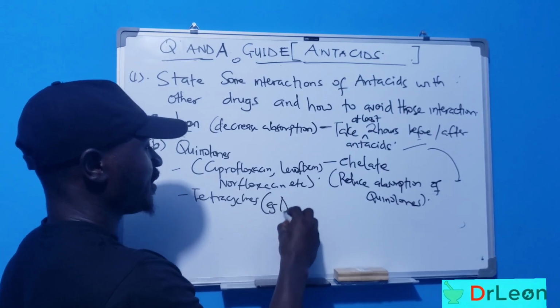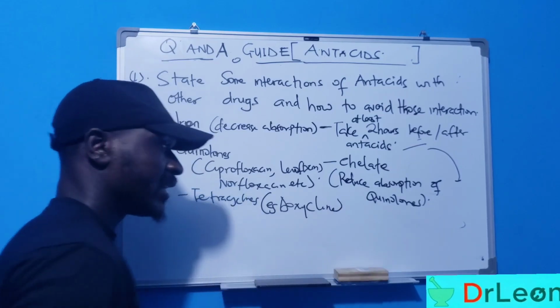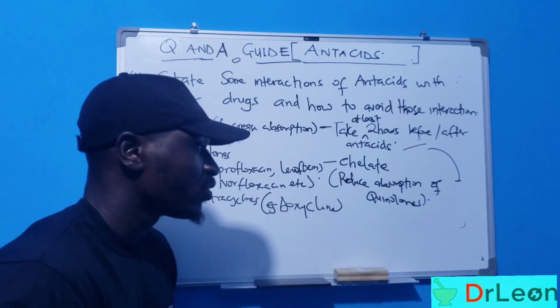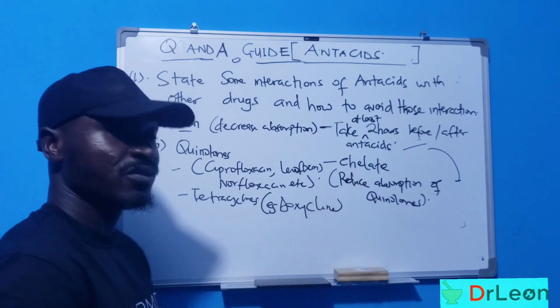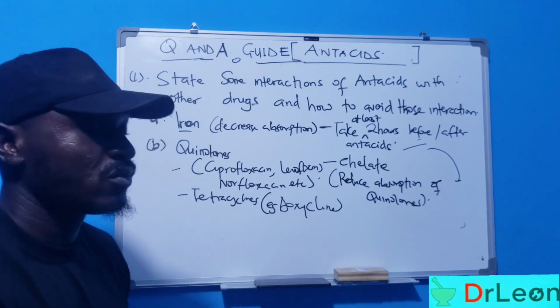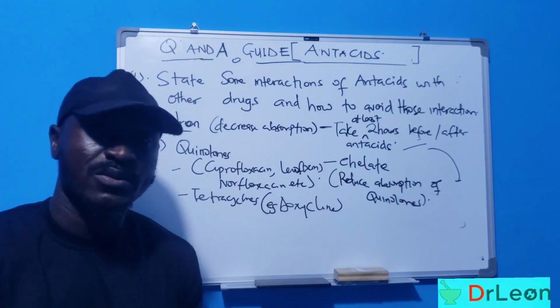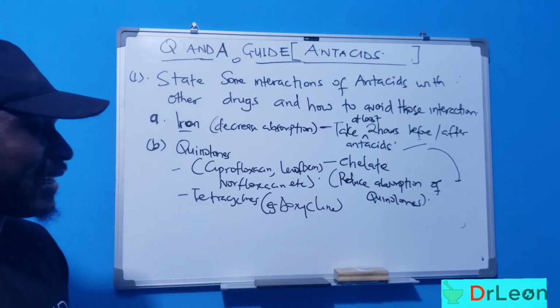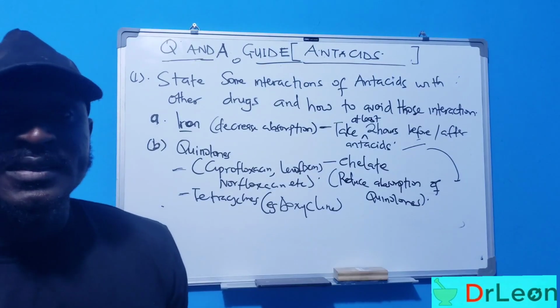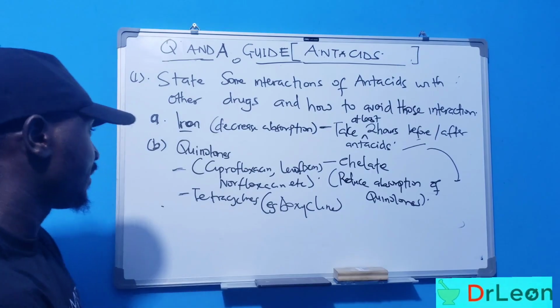An example is doxycycline. With that one too, there is also a reduced absorption as a result of chelate formation. And with the same thing too, to avoid them, you just take the medication 2 hours before or after the antacid.